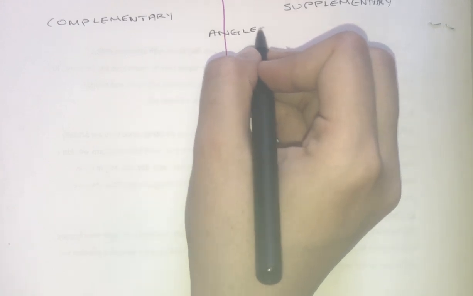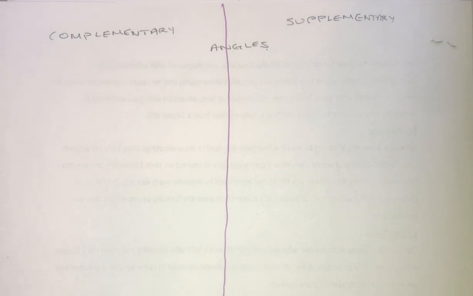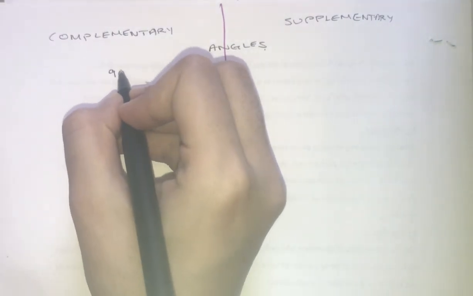Complementary angles and supplementary angles. Complementary angles are two angles that come together to form 90 degrees.